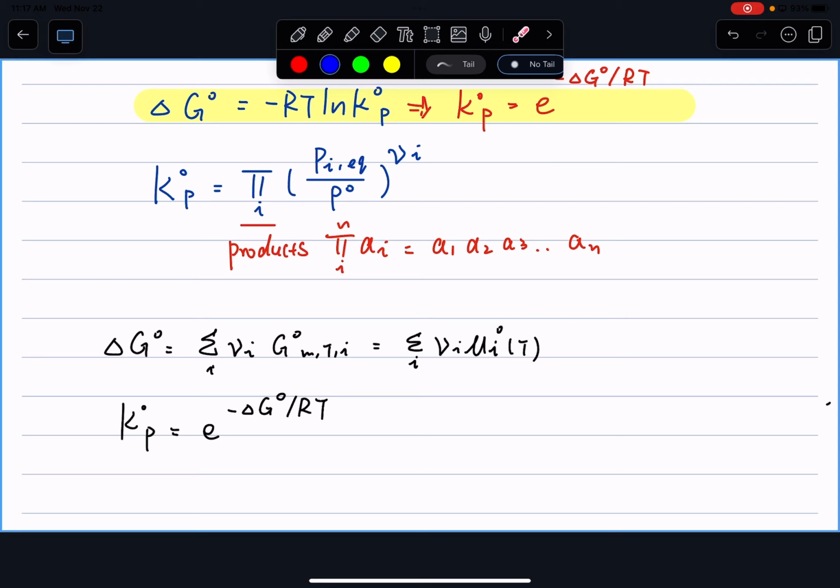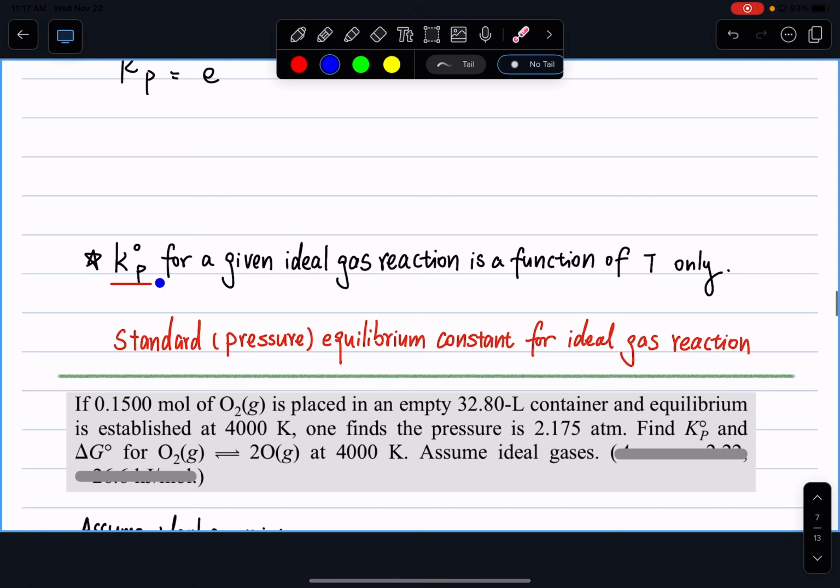These are just definitions of your equilibrium constant, whatever system you're looking at. Now, for ideal gases, we have ways to further simplify it. For example, your Kp naught for an ideal gas reaction is a function of temperature only. We'll talk about the temperature dependence of the equilibrium constant next time. And this one is called the standard pressure equilibrium constant. That P stands for pressure.